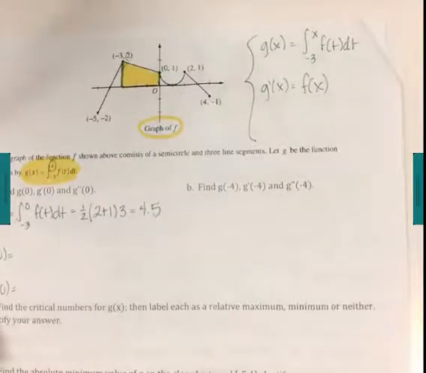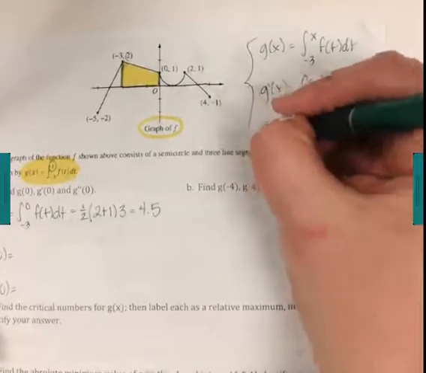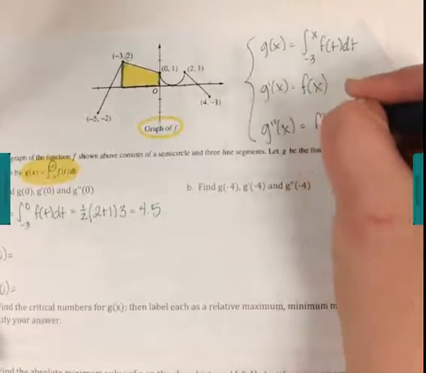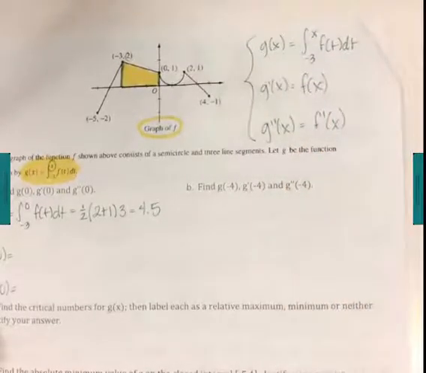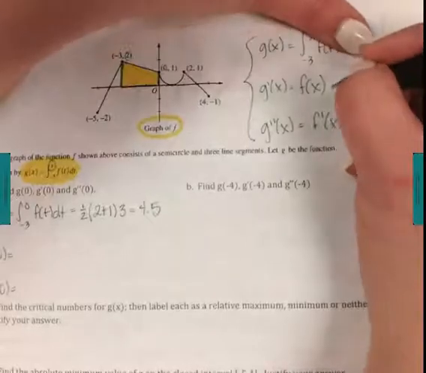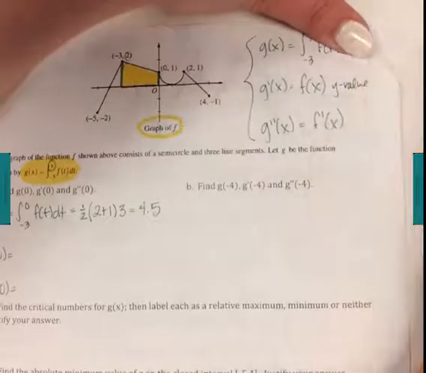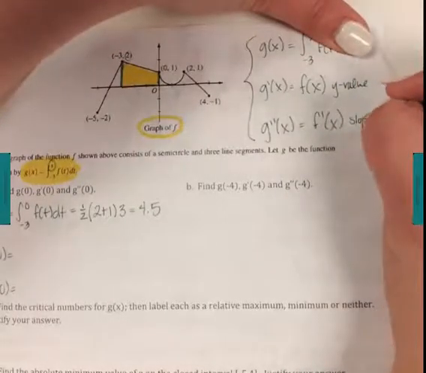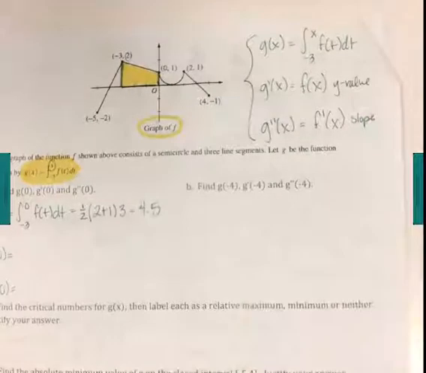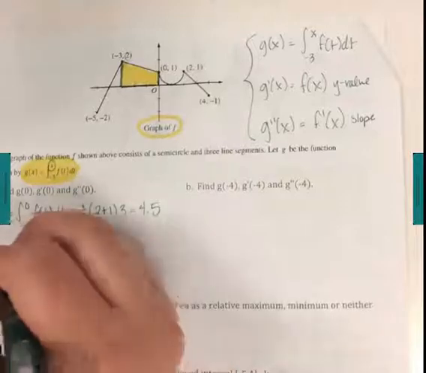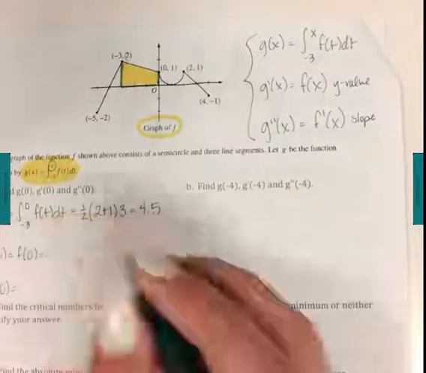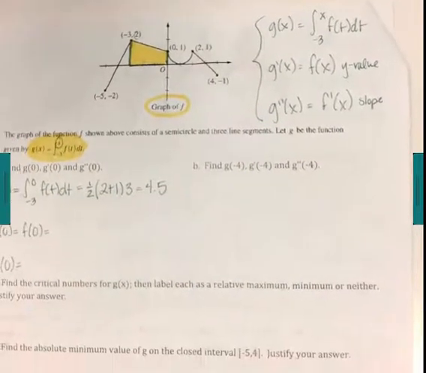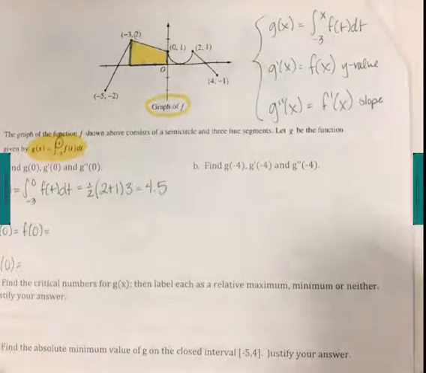Now, what if I wanted the derivative one more time? F prime of x. And if I'm looking at a graph of f, then f is going to be the y value, and f prime is going to be the slope. Very good. So let's do it at 0. If I want G prime of 0, that's the same as f of 0, which is 1.